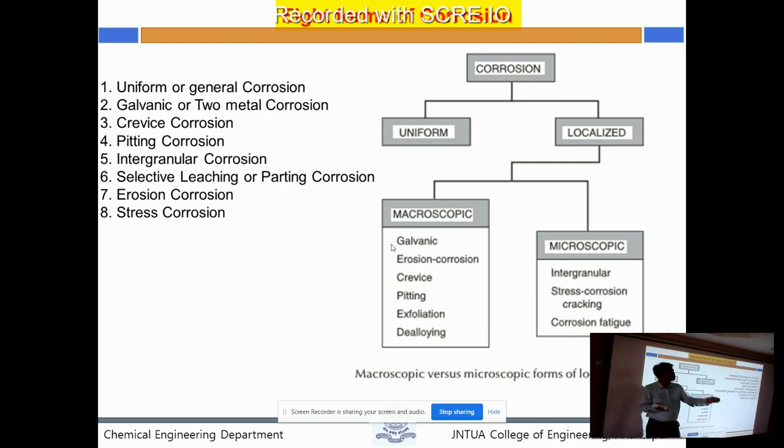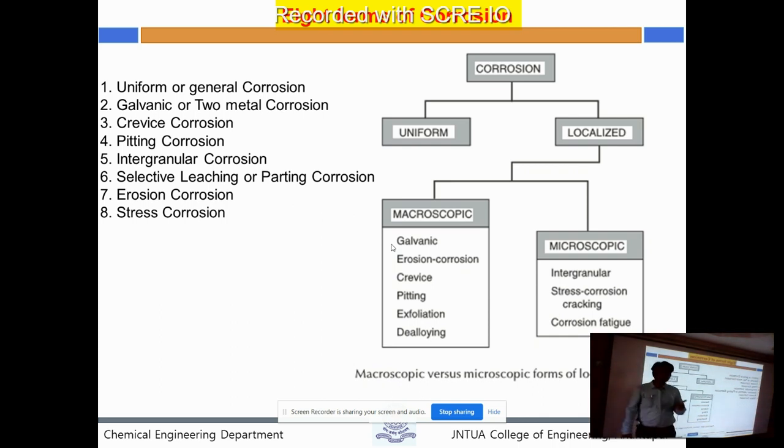That means I have to go inside the structure and look at what type of structure it is, either FCC, BCC, whatever the structure may be. What could be the intergranular places, interstitial positions, you have seen in metal science. So there, this corrosion takes place. Then stress corrosion.